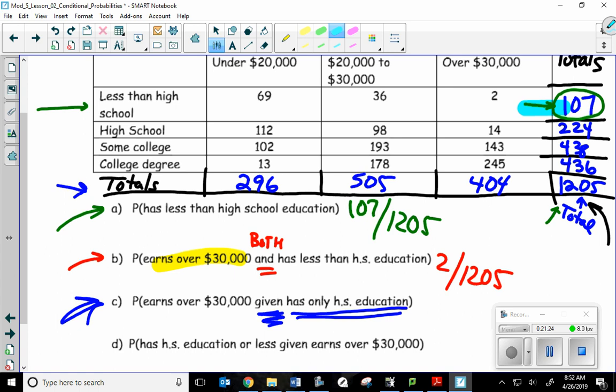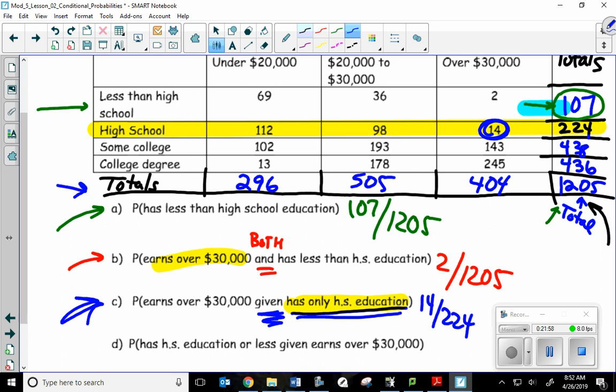So if I grab my highlighter here, where is has a high school education? This row right here. So my probability needs to be only out of that 224 because that's what they're giving me to pick from. So what are the chances that they earn over $30,000 given that they only have a high school education? This column right here is the over 30,000. 14 out of that 224.